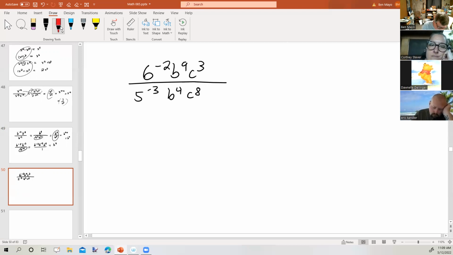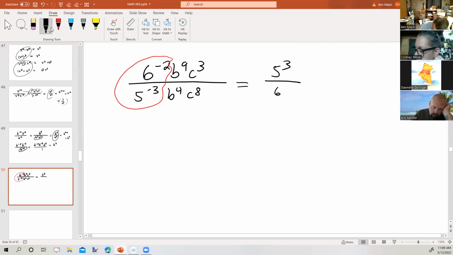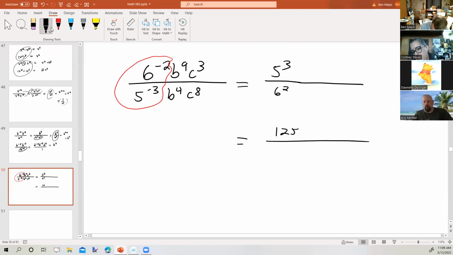I'm going to look at this thing in pieces. Let's take this first piece. I could rewrite that as 5 to the 3rd over 6 squared, which would then be 125 over 36.